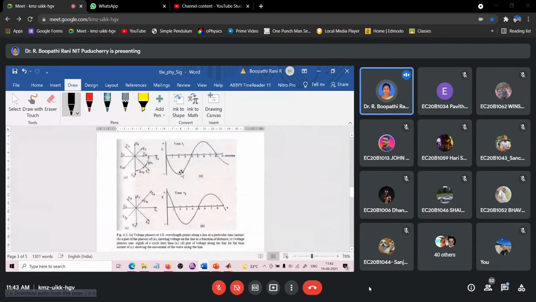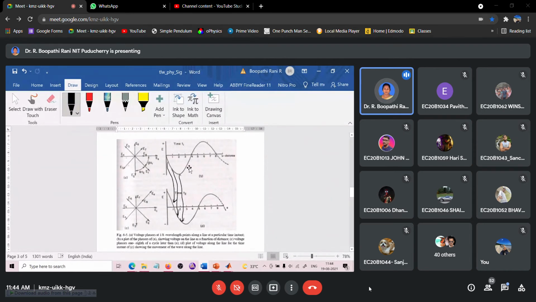This is for t1; after that time, this waveform will be progressing, will be moving. Whatever is there for 0 will be advanced by 1/8 wavelength. Similarly, this point will also advance by 1/8 wavelength. That way it is advancing.